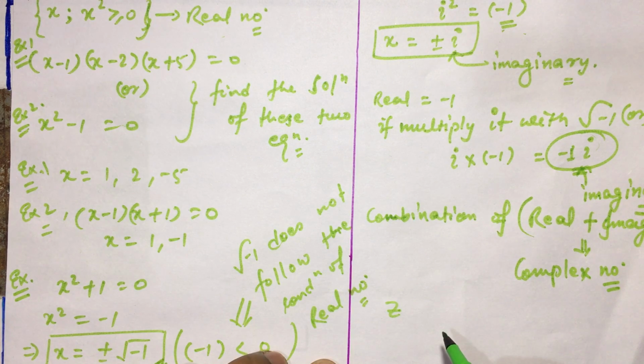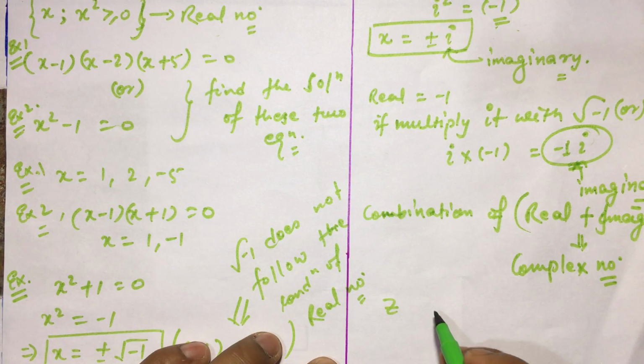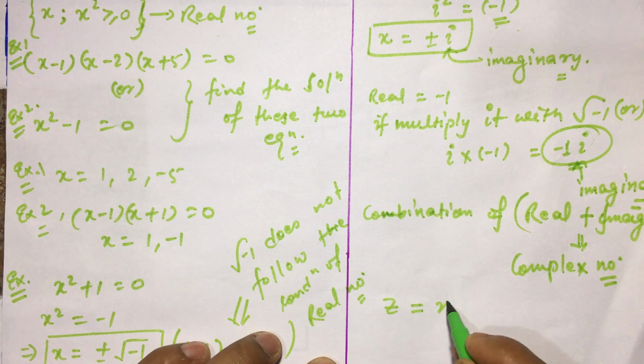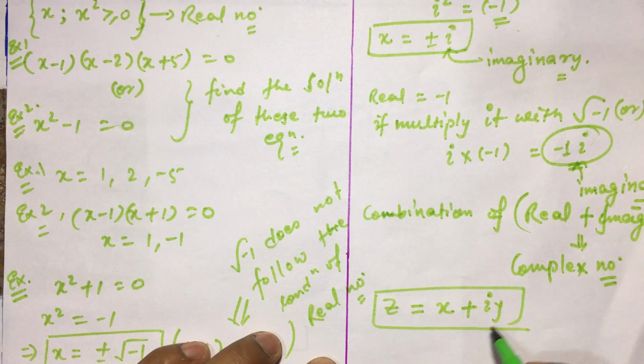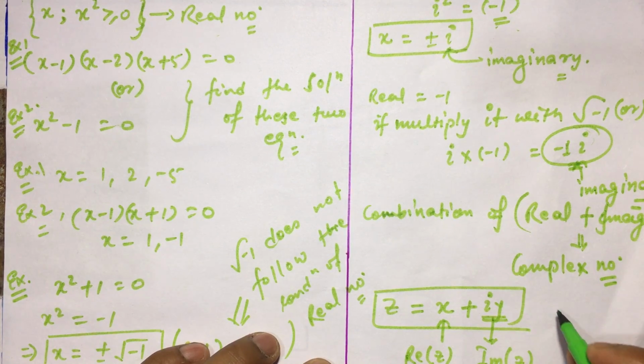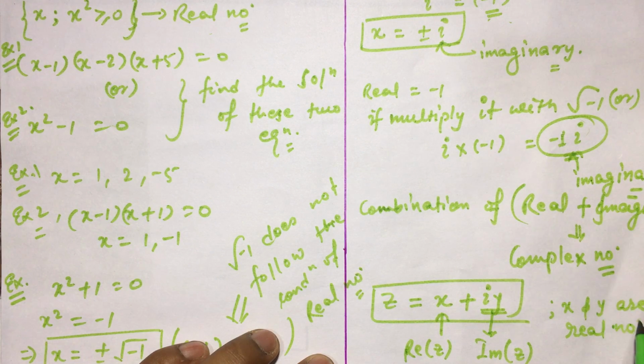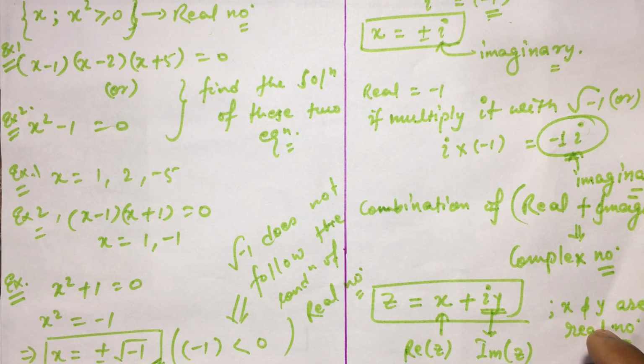So z is the complex number, and it is written as a real number plus an imaginary number, z equals x plus iy, where x is the real part of the complex number and y is the imaginary part, and x and y are real numbers. This way we started learning about the origin of complex numbers. This is how complex numbers started.